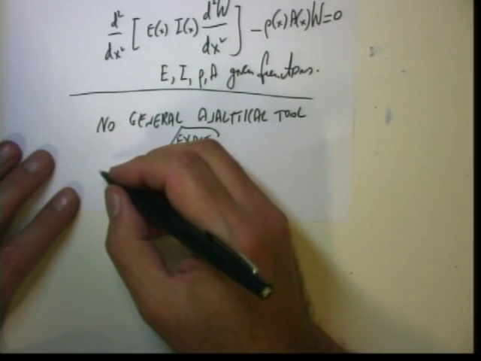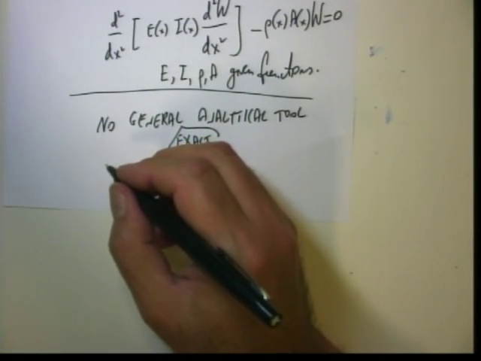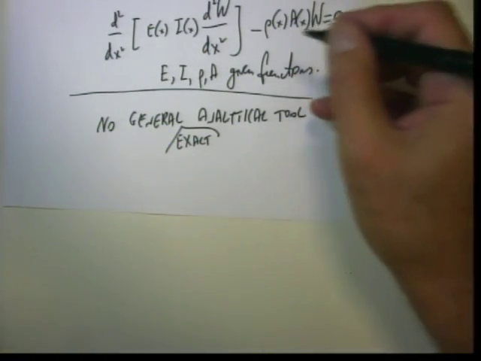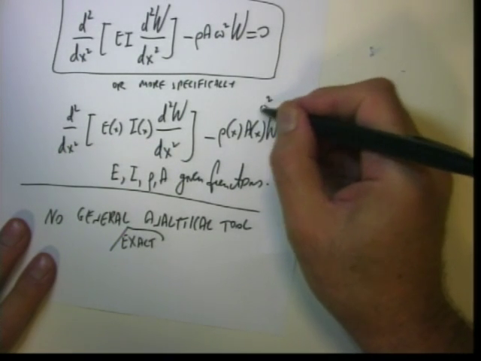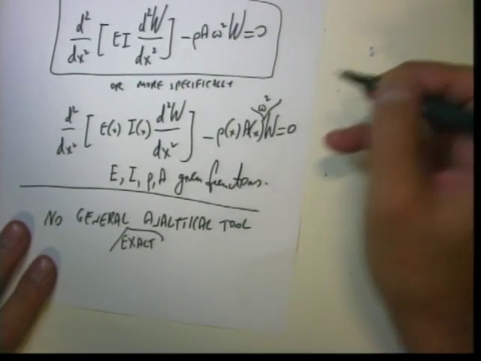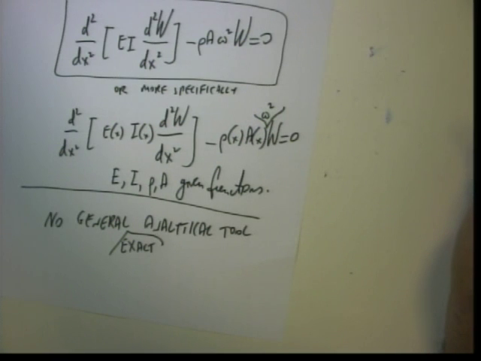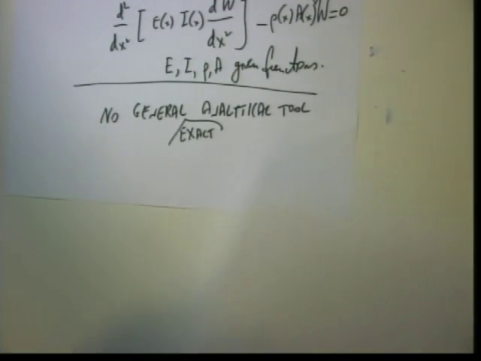Now, yes? Can you speak louder? Yes, omega squared, of course. You are right. The student tells me that I forgot omega squared. He's right. So now, of course, there are approximate methods.